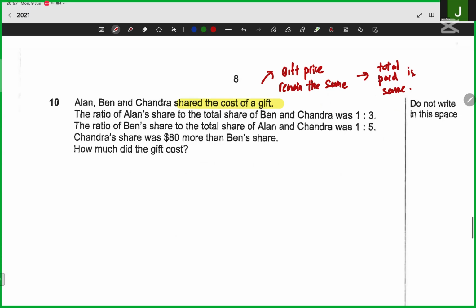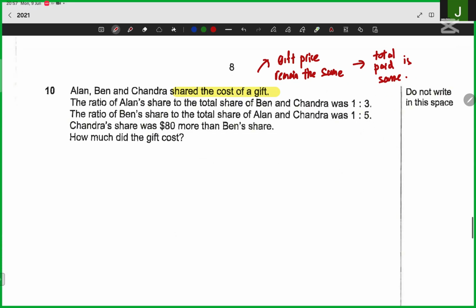Okay. So the ratio of Alan's share to the total of Ben and Chandra was 1:3. So Alan is to Ben plus Chandra is 1:3. But that means that total they paid 4 units for the present. Now, second line, the ratio of Ben to Alan and Chandra is 1:5.